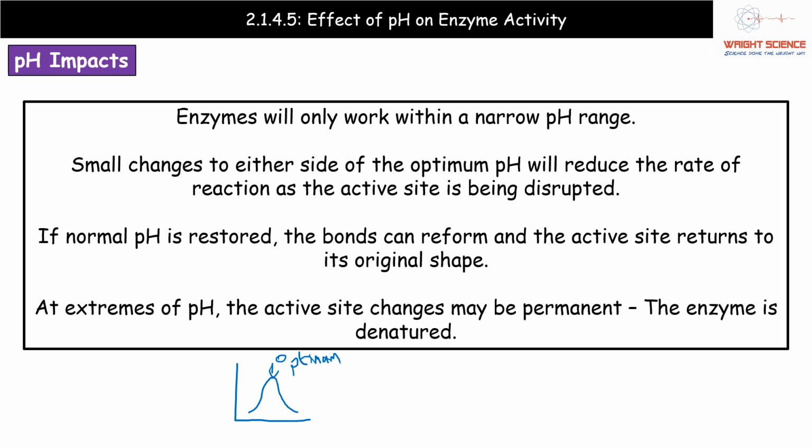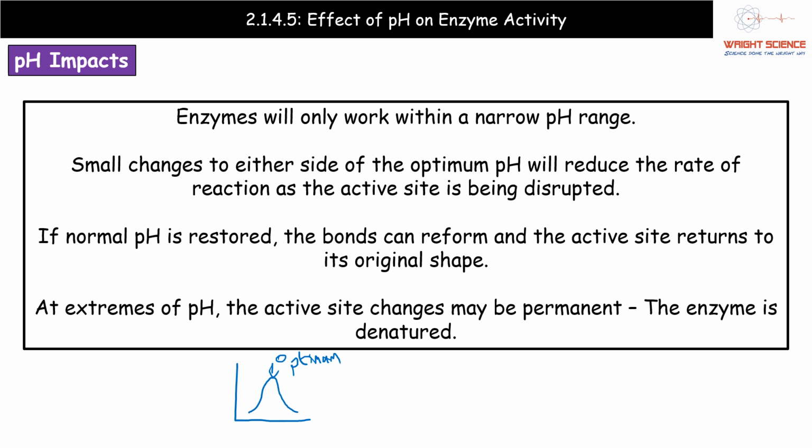But if we shift just a small amount in either direction from that optimum, either to acidic or to alkaline, then we see reductions in the rate of reaction because of that disruption to the active site. If we can restore normal pH, those bonds can reform, the active site can return to its original shape, and we can restore that activity of the enzyme.